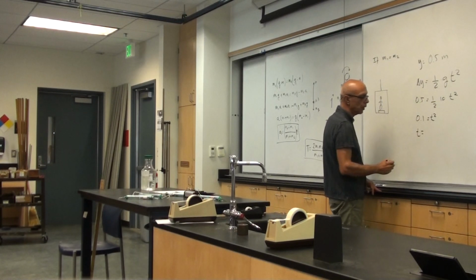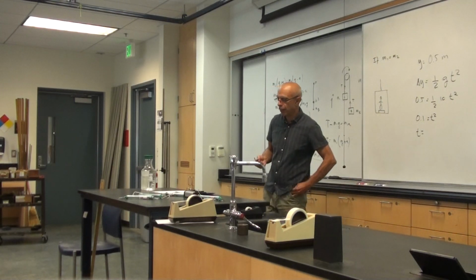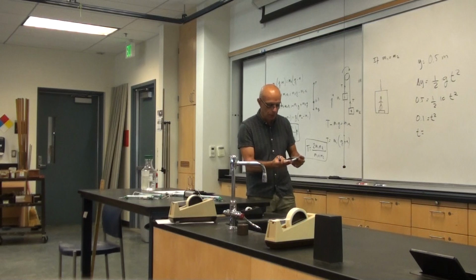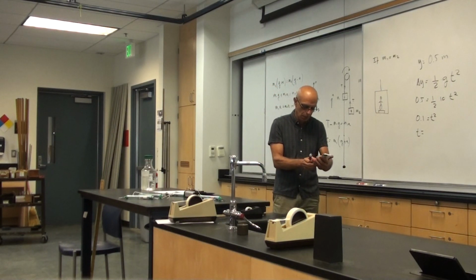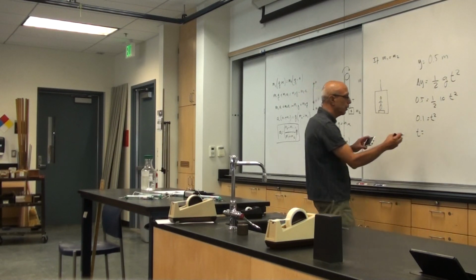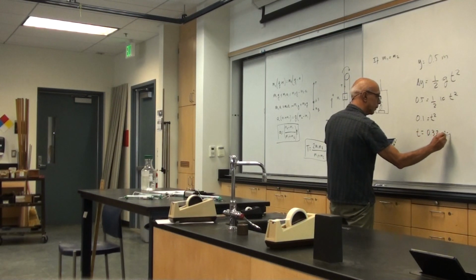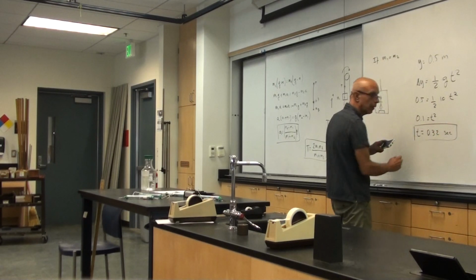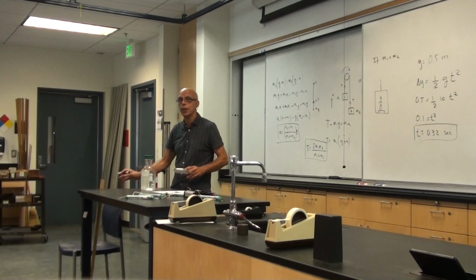So t is the square root of 0.1, let's see, we have my calculator here. 0.32 seconds. So this is the time it's taking me to reach the ground, okay?